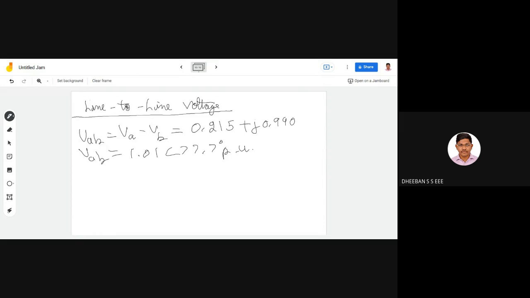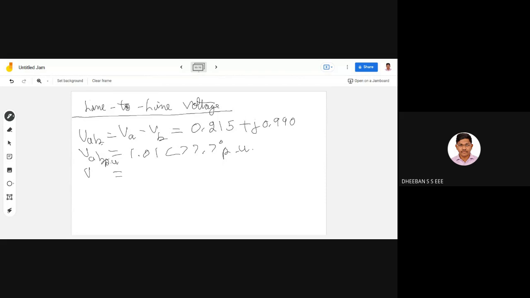In order to get your actual value, you have to multiply this with the base voltage. So this is in per unit.